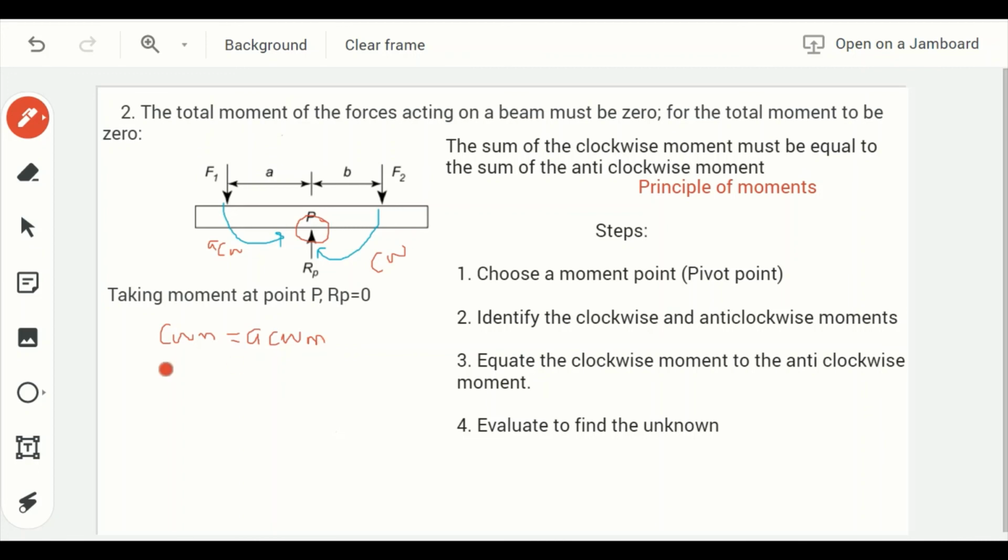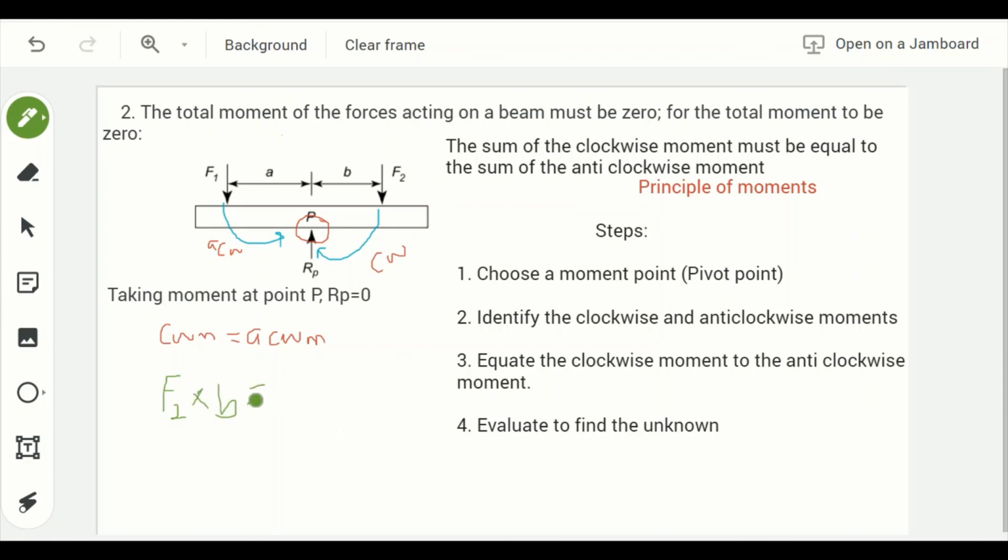Good. Nice job. What next? Now, what is clockwise moment? What is moment? It is the force times the distance from the force to the pivot. I repeat that. Moment is the force times the distance from the force to the pivot point. F2 times the distance from F2 to the pivot, which is B. So it will be F2 times B. That's my clockwise moment.